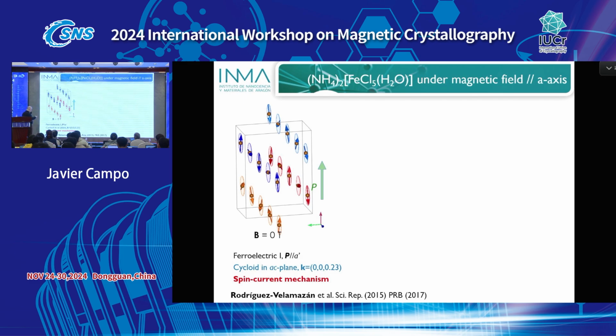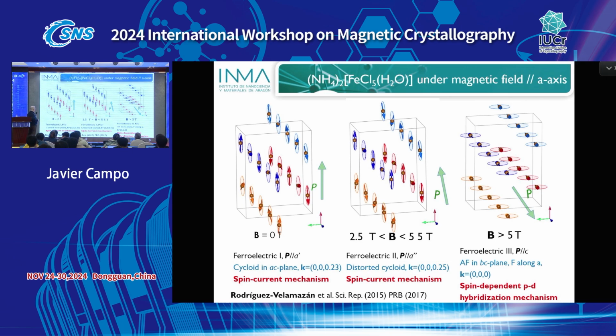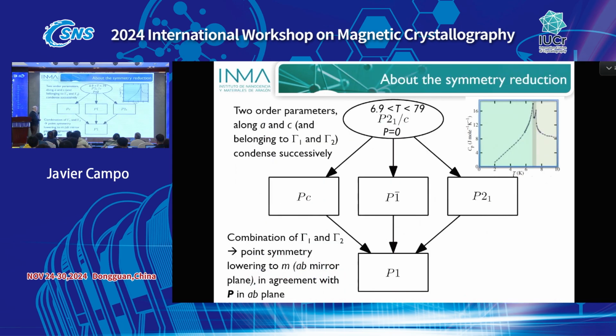And for example, I can show you here the magnetic structure is forming cycloids that are coupled 2 by 2 like this, and also the propagation vector is along the z-axis, that is along this direction, and you can see by changing the magnetic field, you can change the magnetic structure like this in the compound, but there were several things that we didn't understand, and for that reason, we went to cryopad to solve the problem.